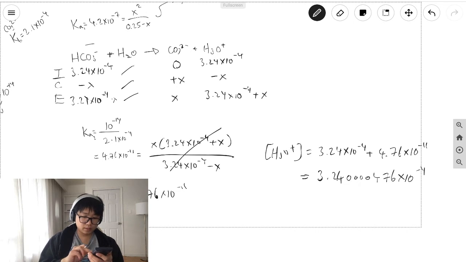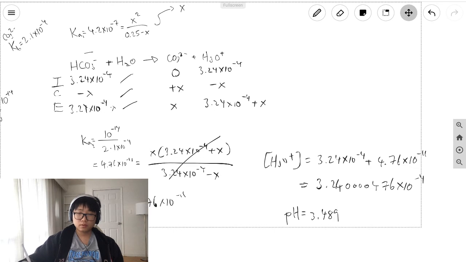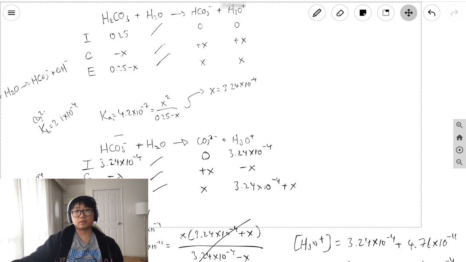If I do negative log of that answer, the pH is going to be 3.489, which is the exact same as what we got last time. So that's what I'm saying about the second deprotonation event being very slight. Okay, so you can fill that in there. So that's going to be 4.